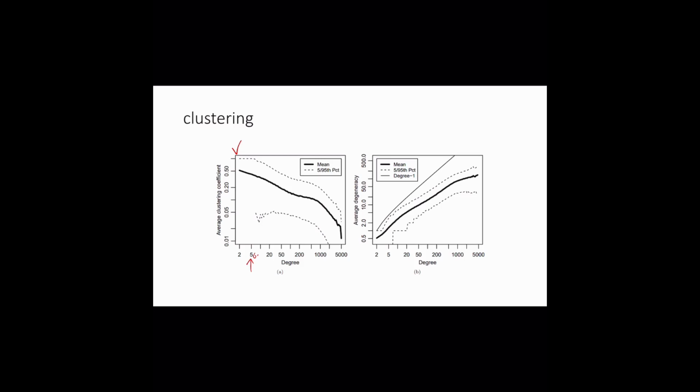So they calculated the clustering coefficient for all of those nodes, and for a given node degree, they took the average of the clustering coefficients. And since it is a distribution, not a single number, they also show the 5th and 95th percentiles with the dashed lines, but we'll focus on the mean value.